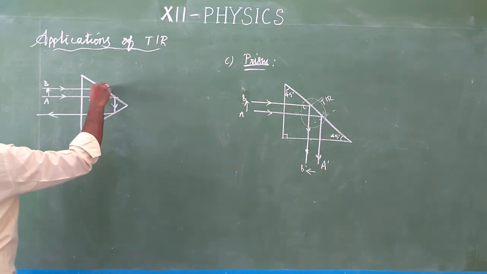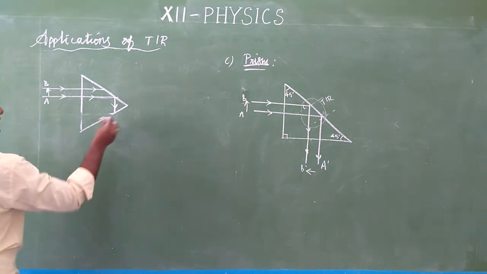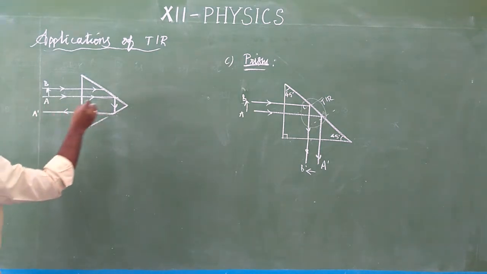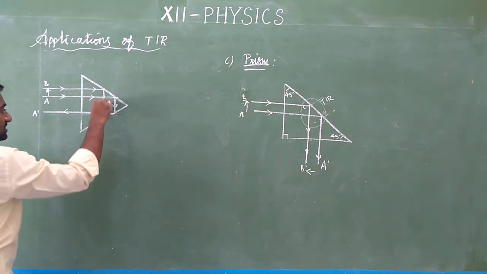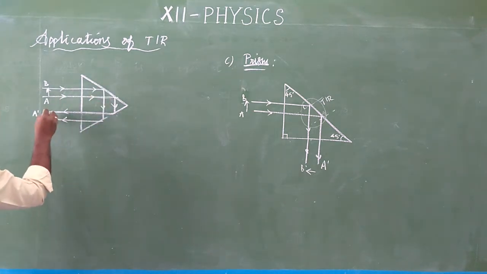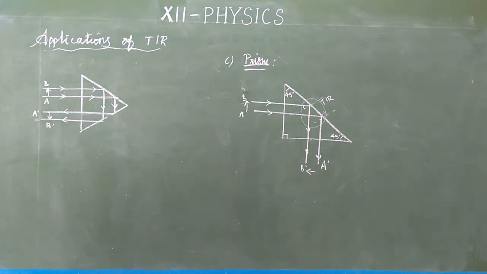Similarly, this is for A, so it's A dash, and the B ray internally gets reflected, and again it comes out from the prism, so it is B dash. So in this case, the critical angle of the prism must be less than 45 degrees.